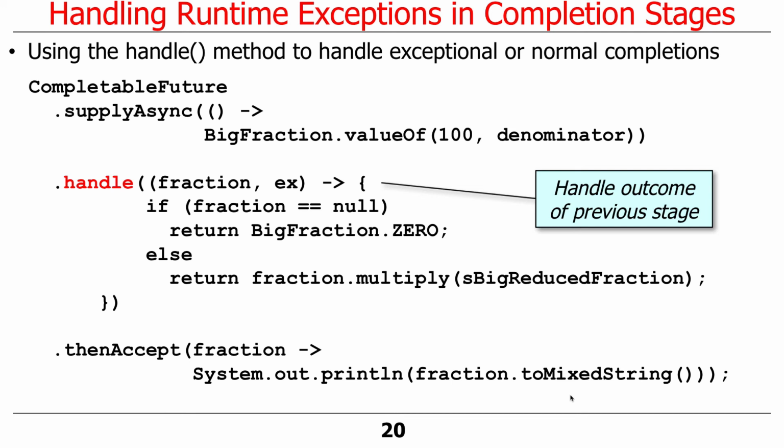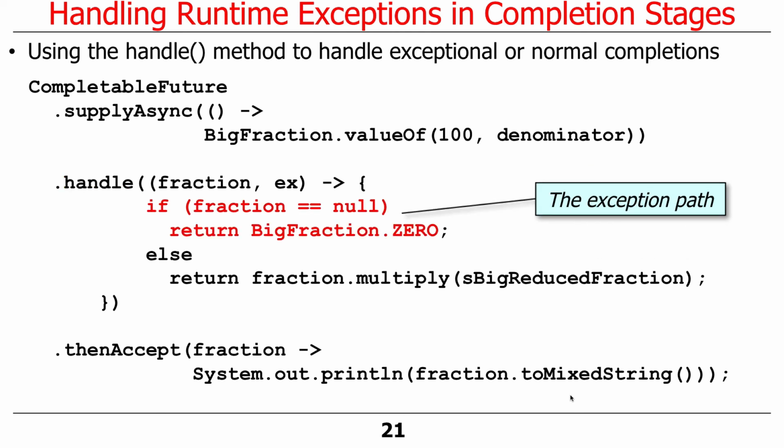And if that happens, then in the handle method the result, the fraction, will be null because it threw an exception, so it didn't actually get a real value. There is no fraction. If you want, you could find out what exception was actually thrown by getting the value out of this. So what we do here is, if there was an exception thrown, we're just going to return 0.